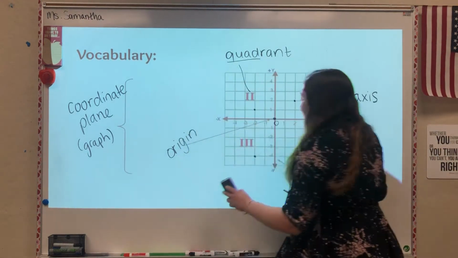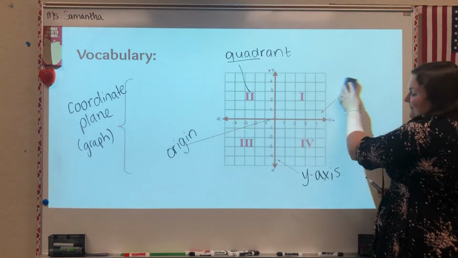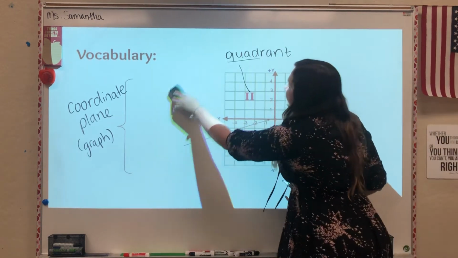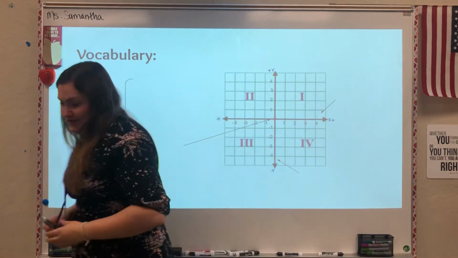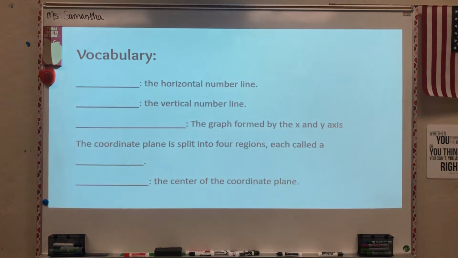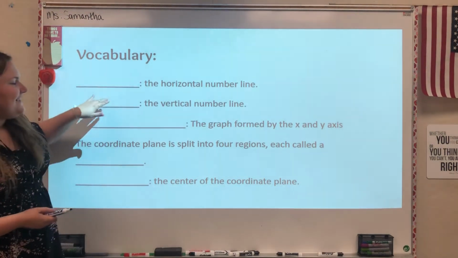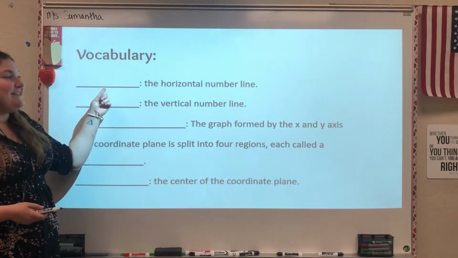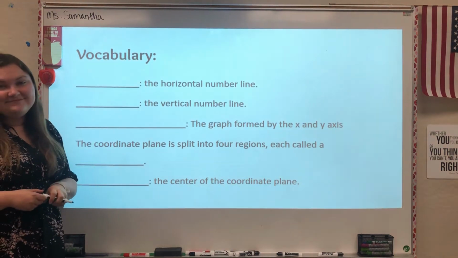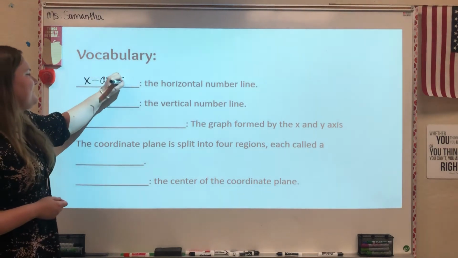To practice first with this vocabulary, because like I said, you're going to hear a lot of these vocabulary words today, I've got these 5 questions for you. So go ahead, using those words we just looked at, try filling in what word would go in each of these blanks. So the first one, the name of the horizontal number line is our x-axis.